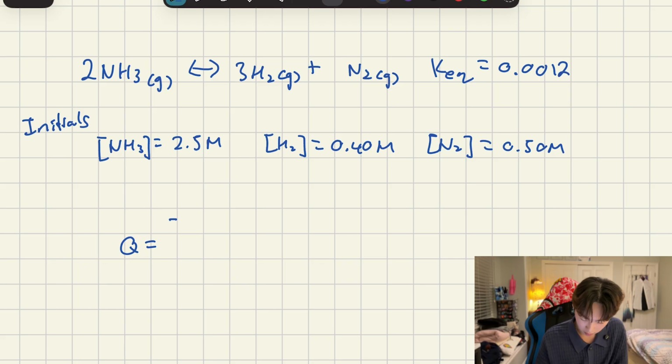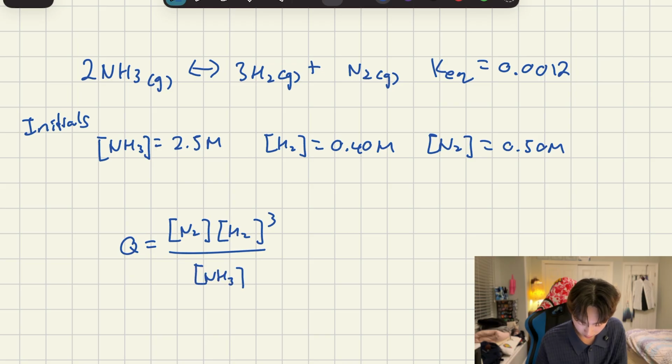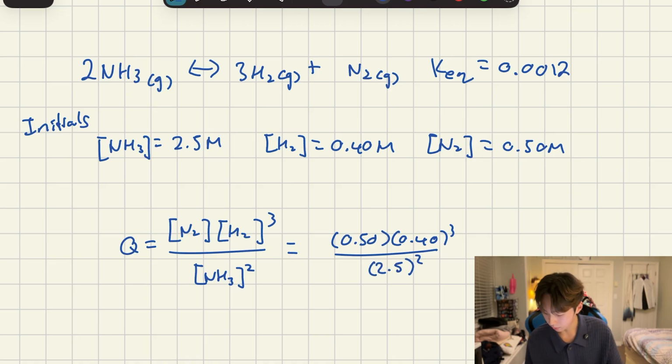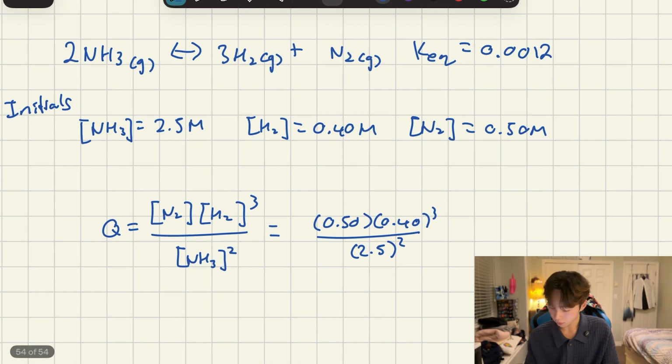So it's going to be equal to concentration of N2 times concentration of H2 to the power of 3 over concentration of NH3 squared. So that's equal to 0.50 times 0.40 to the power of 3 over 2.5 squared. And that gives us 0.0051.